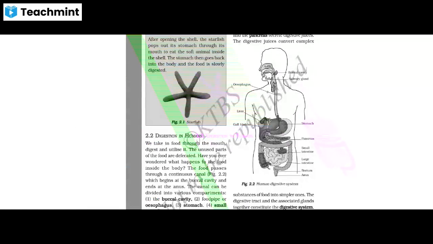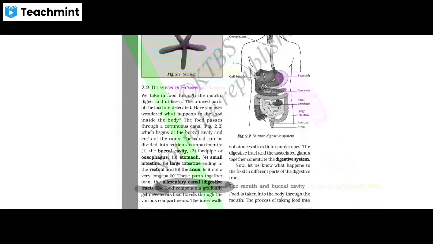Now we'll discuss how each part participates in digesting complex food items into a simpler form. One by one we are going to discuss. What is the alimentary canal? What are the organs?